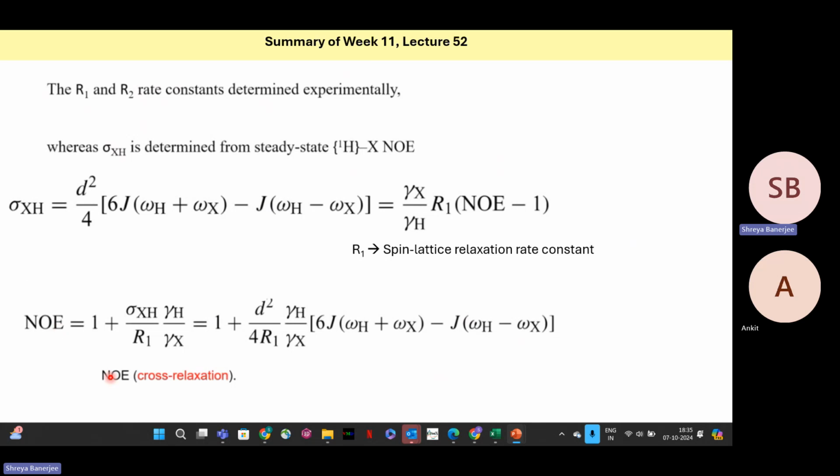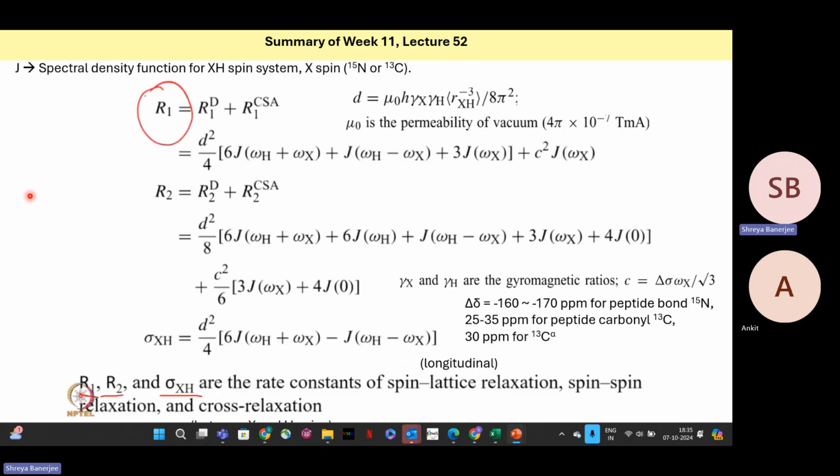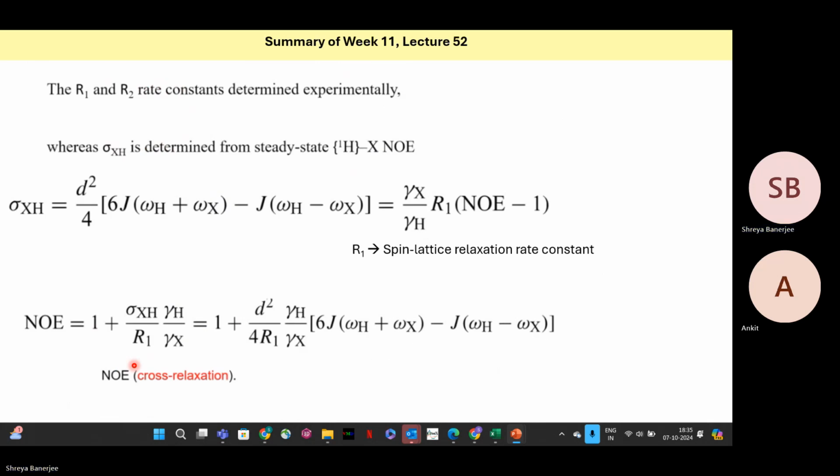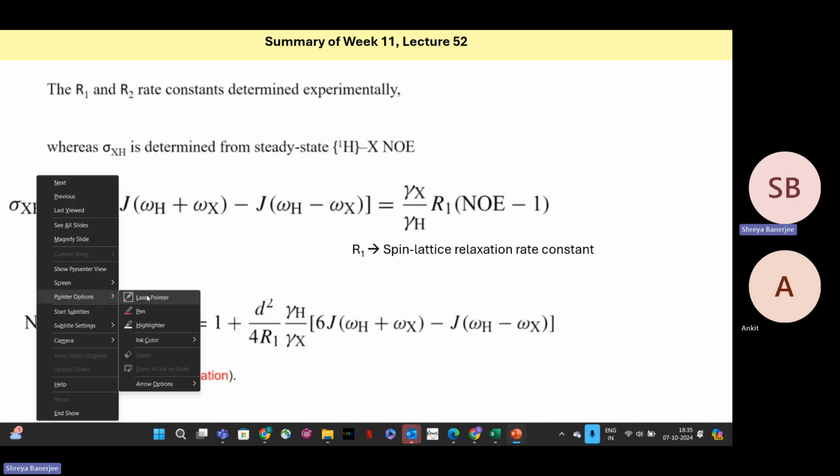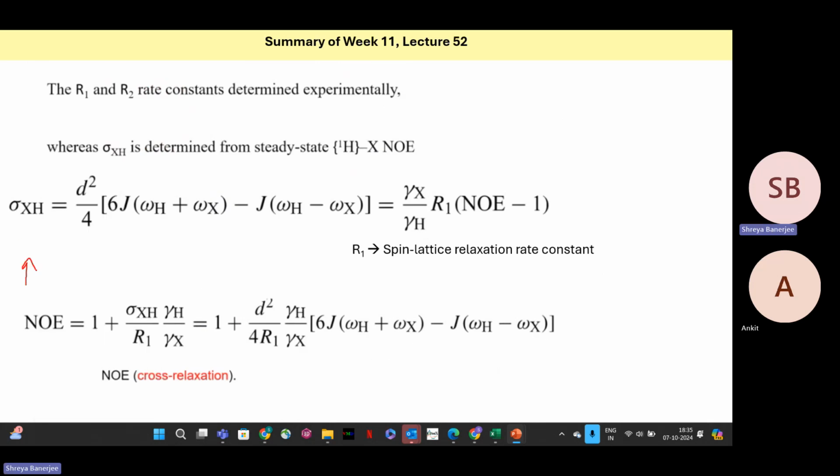Now, NOE is basically the cross relaxation. So we looked at cross relaxation sigma XH here, and I said that is the relaxation between two spins. Now, normally, if you have two spins, suppose you have a spin here and you have a spin here, there is a distance r between them.